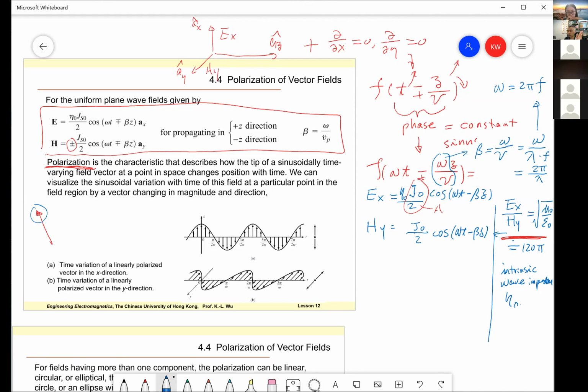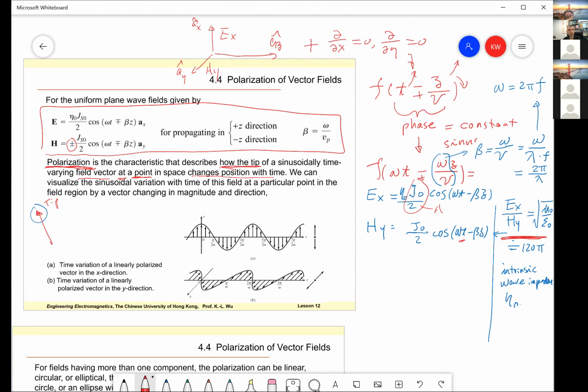But however, because we're dealing with a field that is a function of time, we redefine polarization such that it describes how the tip, this arrowhead, of a sinusoidal time-varying vector field at a point in three-dimensional or two-dimensional space changes with time.